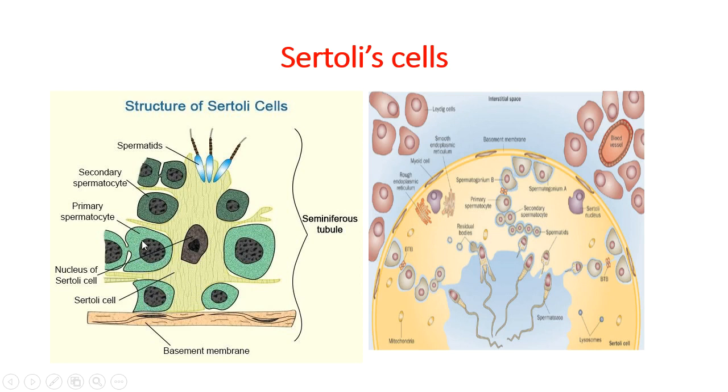These are the primary spermatocytes, the secondary spermatocytes, and finally the spermatids. In the second figure, as you can see, these are the Sertoli cells.